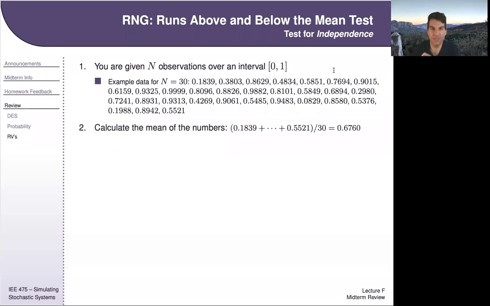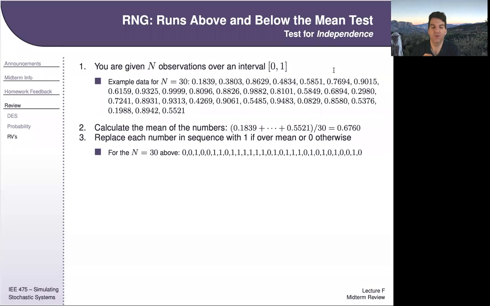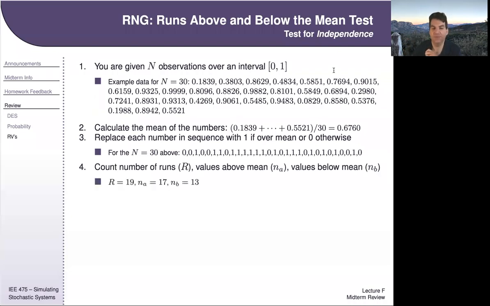Then you replace the numbers with whether they're above or below the mean. You're basically turning the numbers into coin flips. Above the mean is heads, below the mean is tails. We'll call heads 1 and tails 0. Then you count how many heads you have, how many above the mean, and how many tails, how many below the mean. That's N_A and N_B here.